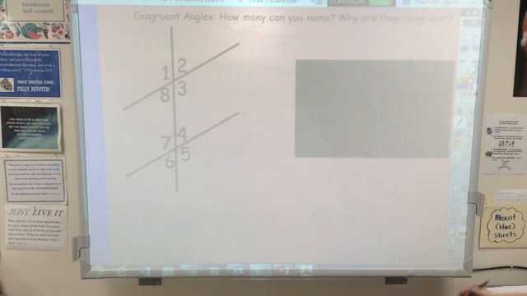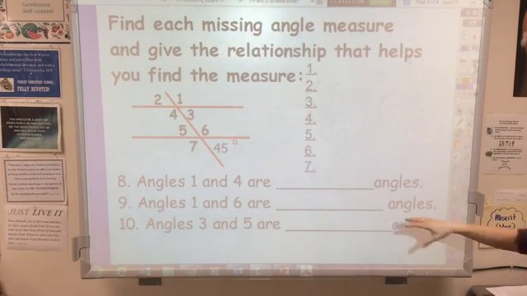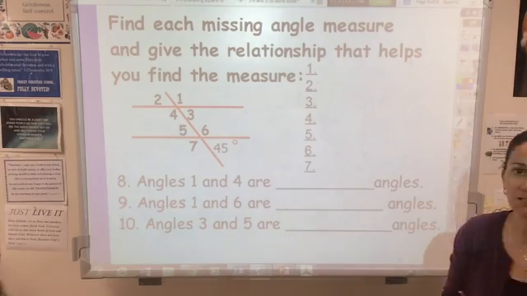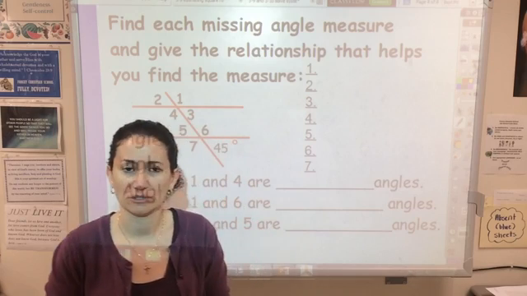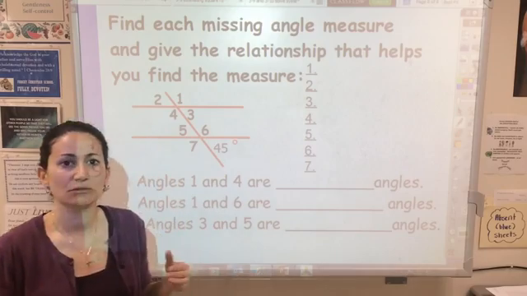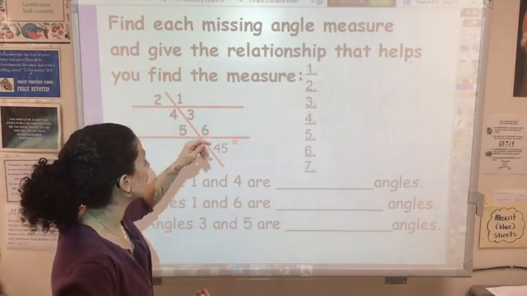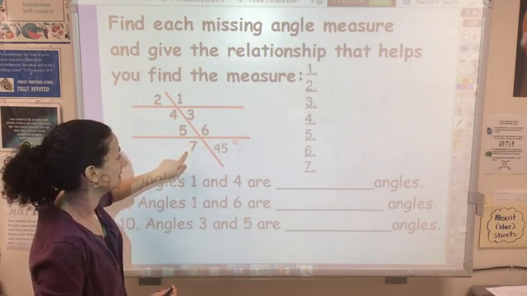Okay, I'm going to skip ahead to this diagram here, and I want you to fill out as much as you can. Fill in each angle measure and give the relationship that helps you find the measure. And then see if you can answer these blanks. I'm going to challenge you on this video because this is hard. I've given you a lot of vocabulary words. Take your time, go back over the definitions, and see if you can figure out the measure of angle 1, of angle 2, of angle 3, angle 4, angle 5, 6, 7.